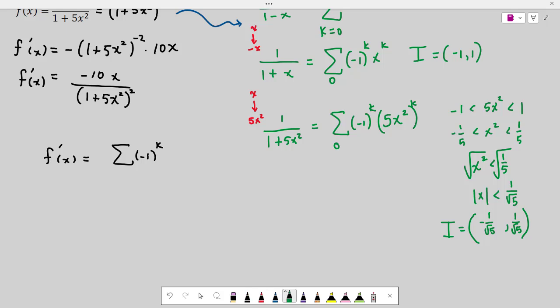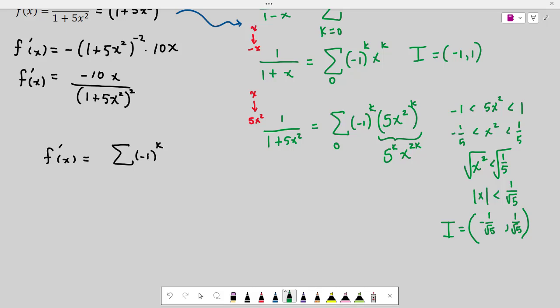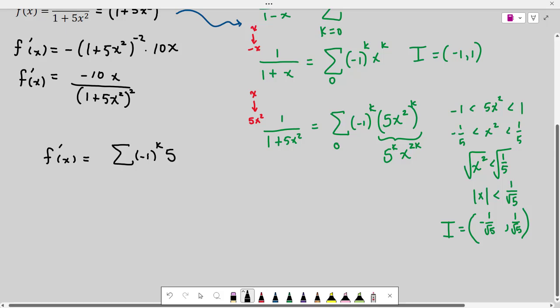And maybe it's going to be easier to rewrite this as 5 to the k x to the 2k. The 5 to the k is a constant, so when you take the derivative, it just comes down. So the constant's floating down, and now we have to differentiate the variable part. The derivative of that is going to be 2k times x to the 2k minus 1.